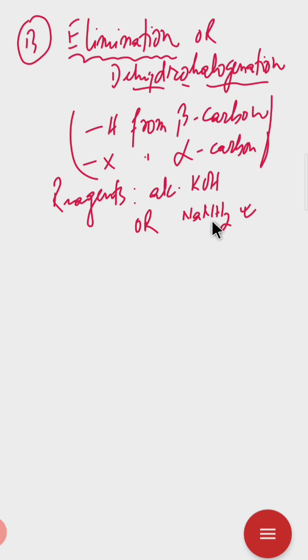Okay, this is a stronger base than KOH. Or we can use RONa, that is sodium alkoxide in presence of an alcohol, and these two R's must be same, right? These are the reagents that can be used for the elimination of haloalkanes.